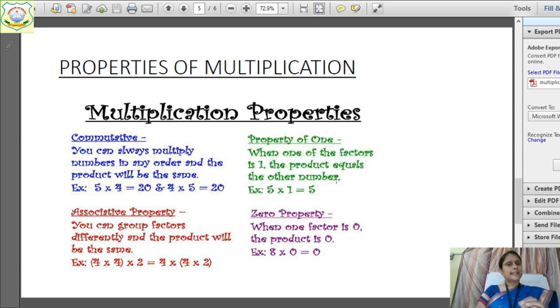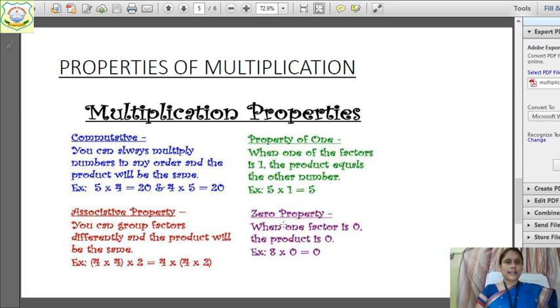When you see the tables, children, when we multiply any number with 1, what is the number? Answer is the number itself. 2 ones are 2, 3 ones are 3, 5 ones are 5, 12 ones are 12. So when we multiply any number with 1, answer will be the number itself. So answer does not change when we multiply it with 1.